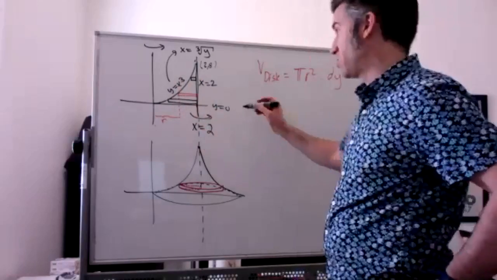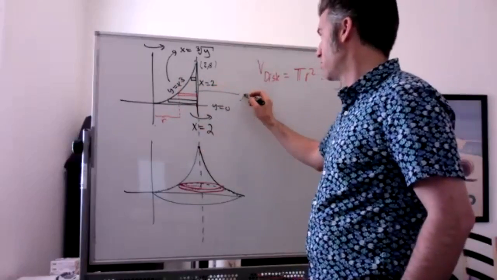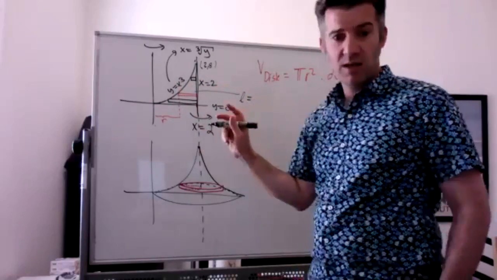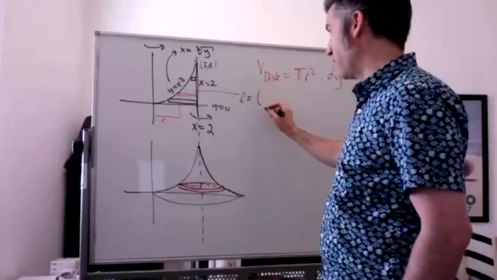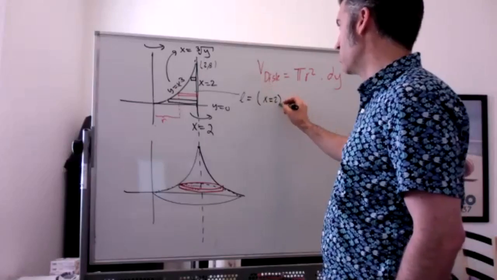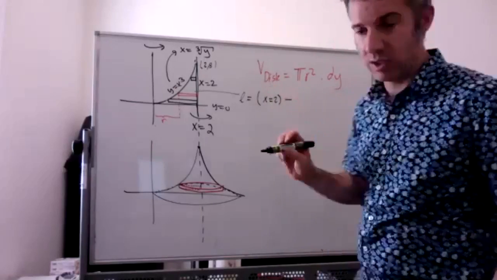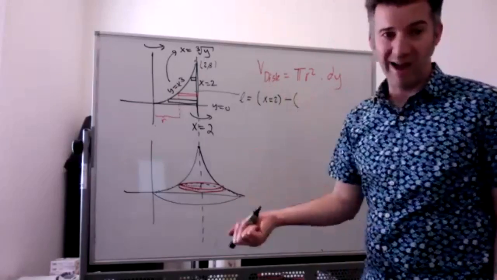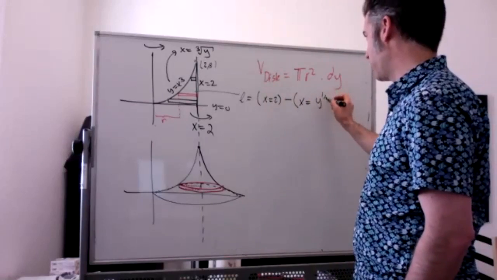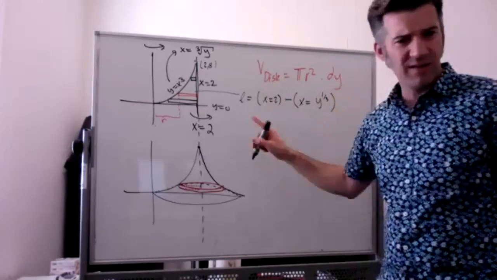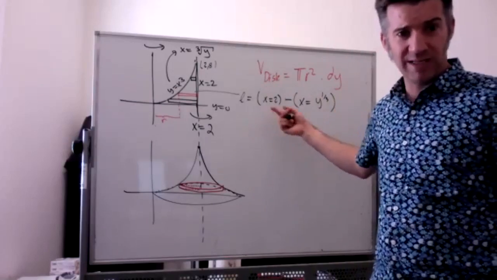And the length of that strip is going to be the right function minus the left function. So it's going to be the right function, which is x equals 2, minus the left function, which, I don't want to write y equals x cubed. I want to write x equals the cube root of y, or y to the 1/3.